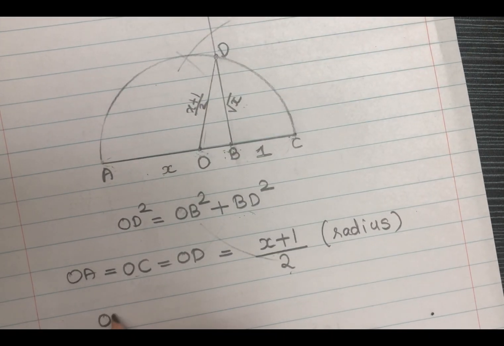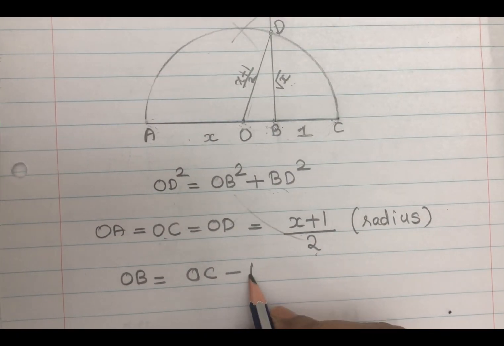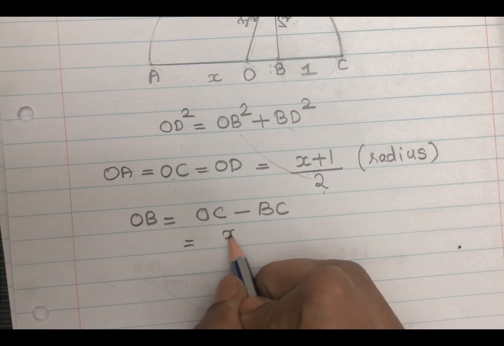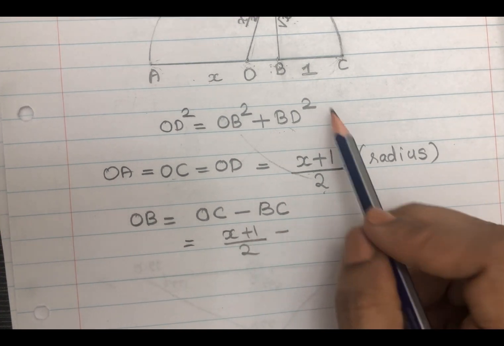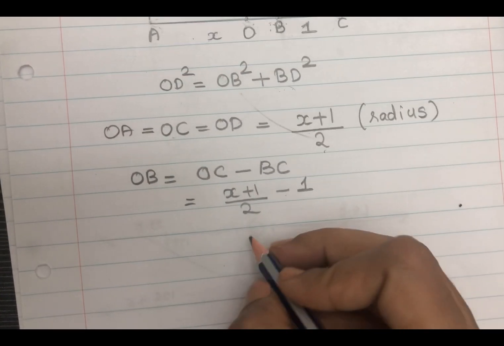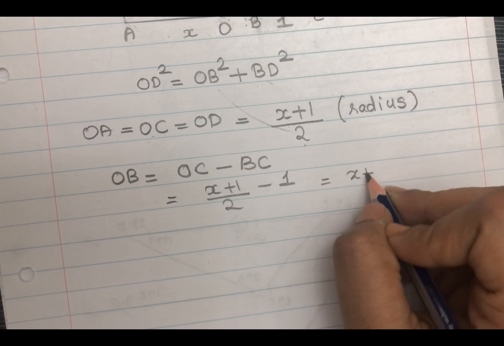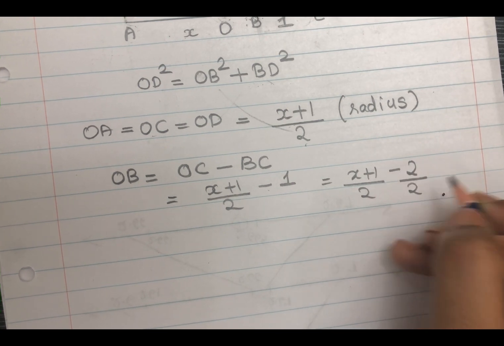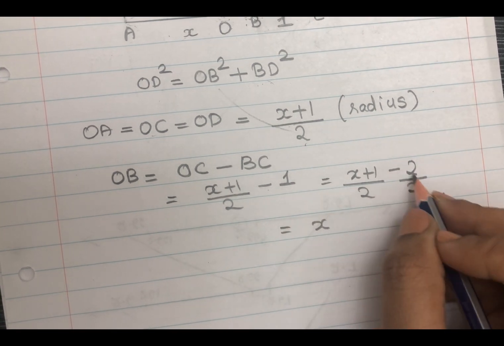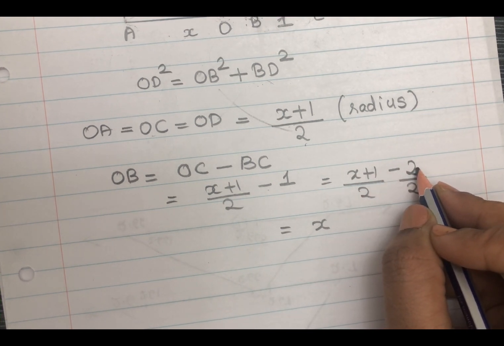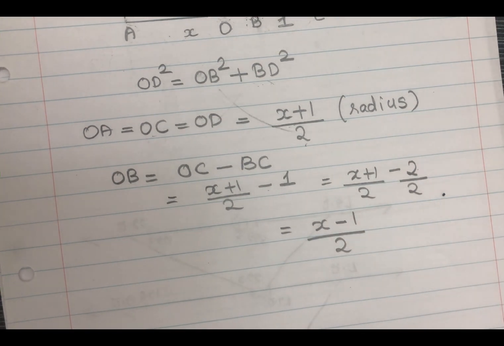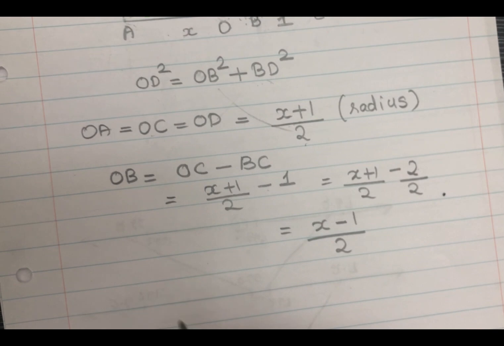So OB is OC minus BC, which is (x plus 1) by 2 minus 1. So (x plus 1) by 2 minus 2 by 2, which is (x plus 1 minus 2) by 2. How much will it come? (x minus 1) by 2.